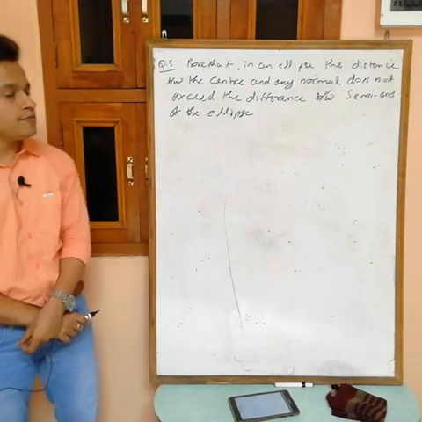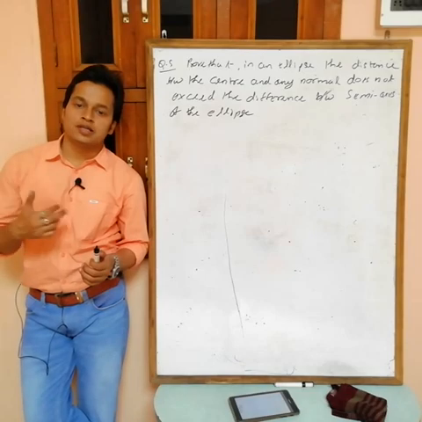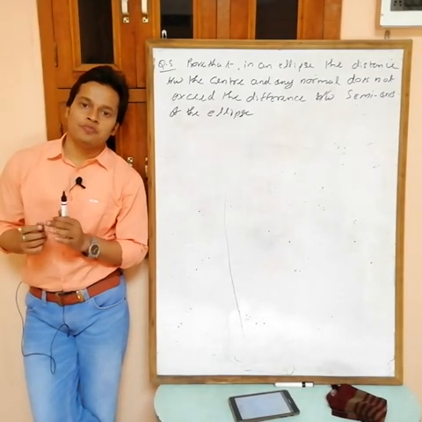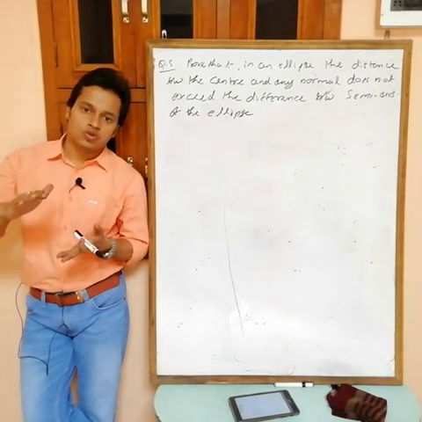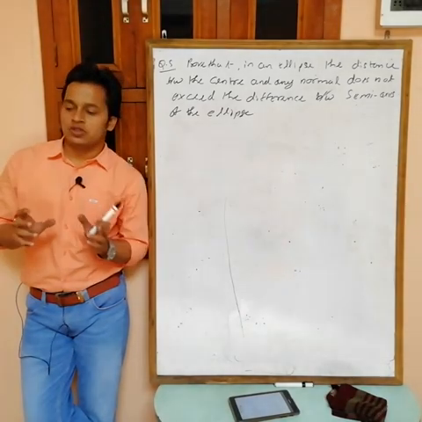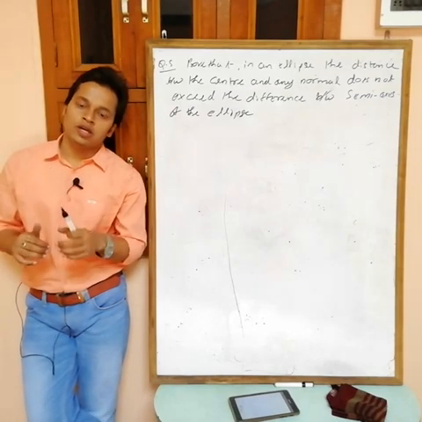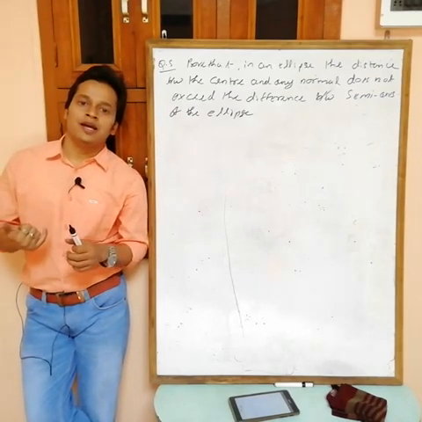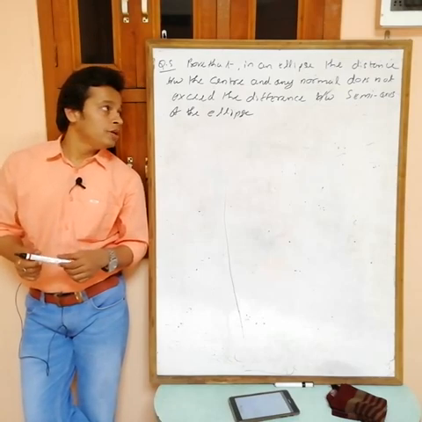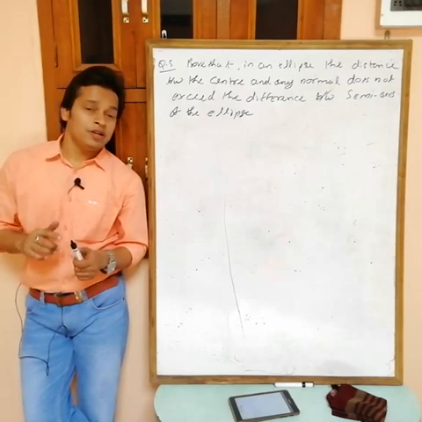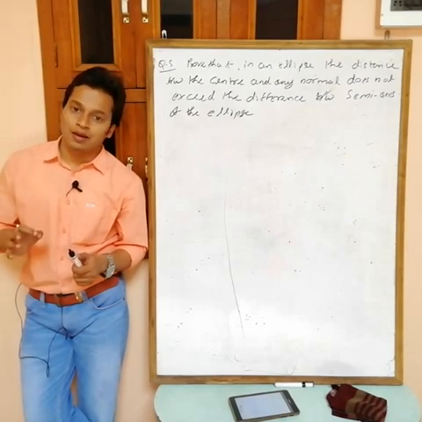Actually, for an ellipse we have two axes, major axis and minor axis. Length of major axis is 2a, length of minor axis is 2b. So semi-major is a, semi-minor is b. The difference of these semi-axes is a minus b. So we have to prove that the distance from the center to the normal can't exceed a minus b.